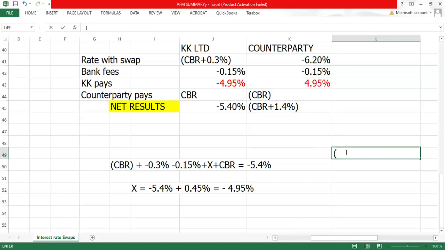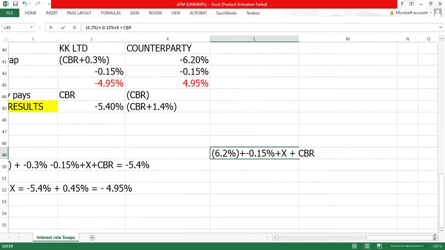Negative 6.2%, then plus negative 0.15, plus x, plus CBR, is equal to negative CBR minus 1.4.